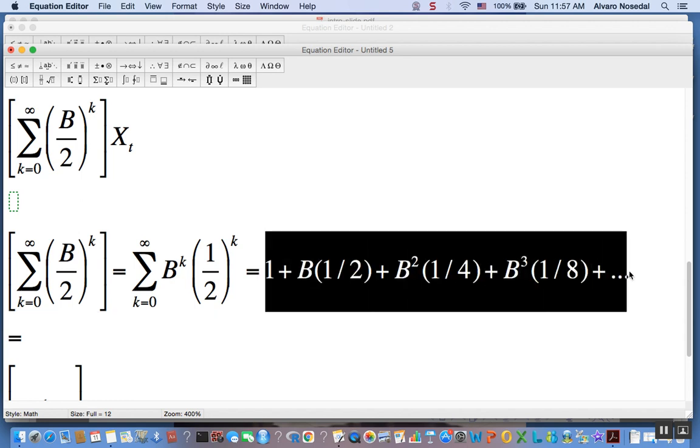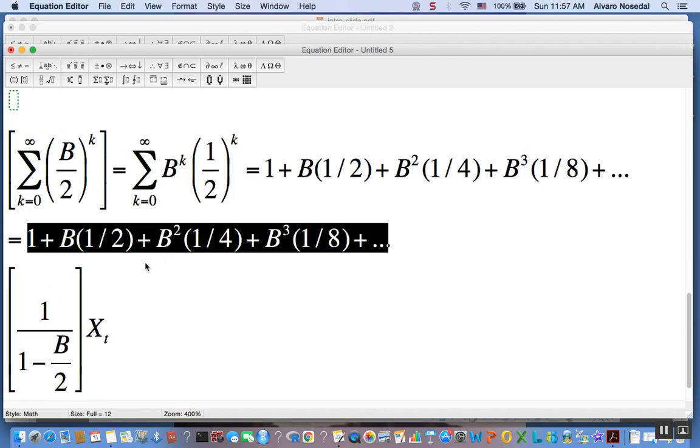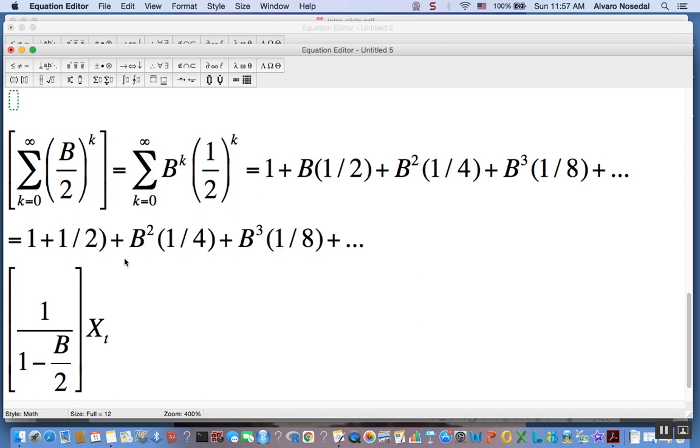Same goes for the rest. When you apply the backward shift operator to a constant time series, you end up with that same constant. Apply it twice, same result.